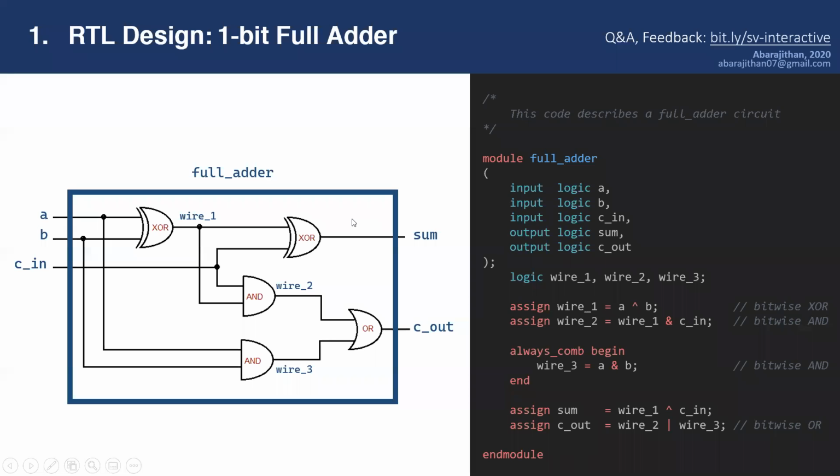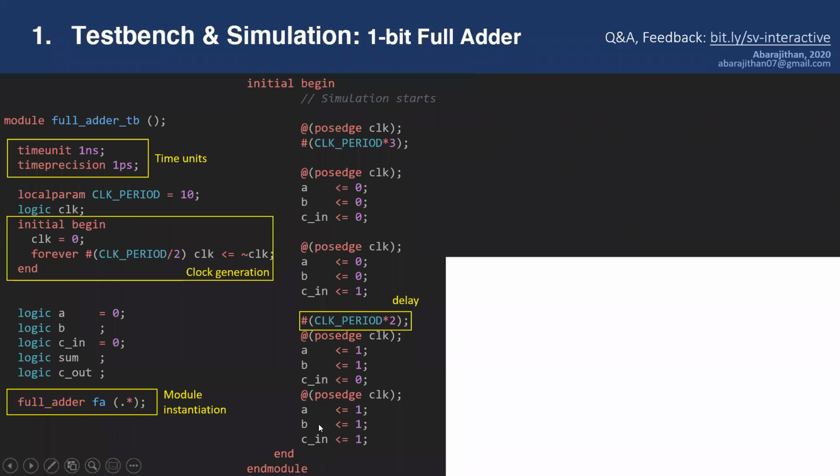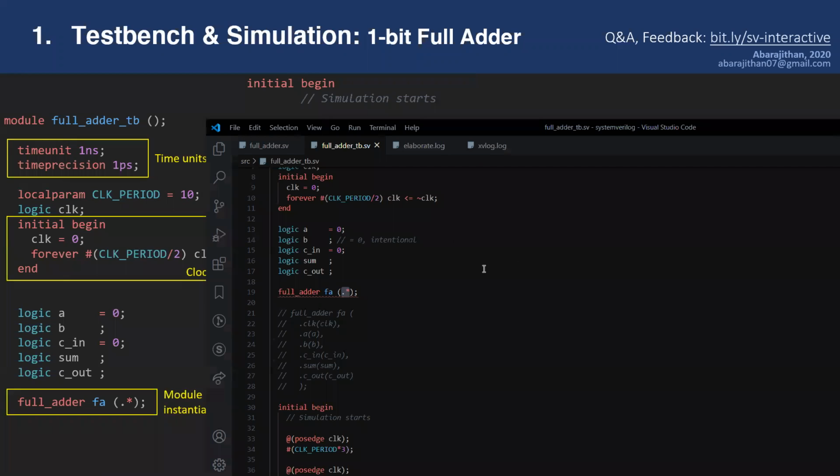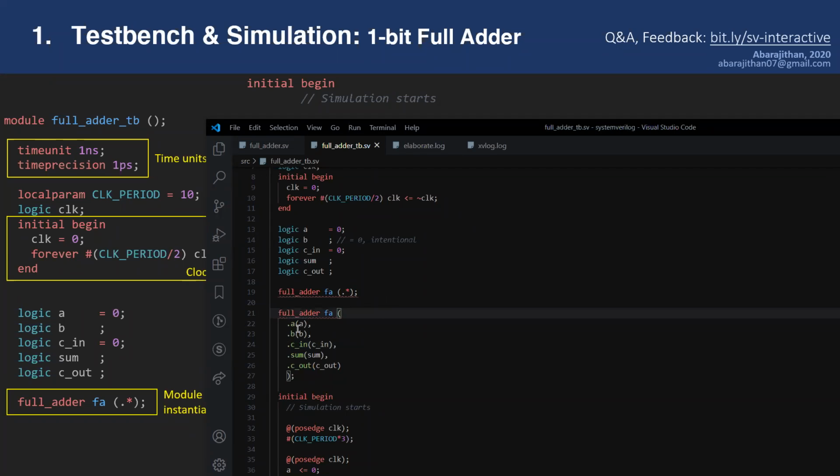So you don't need a clock for this. I think I made a small mistake when telling that. Yes, this is a mistake. There is no clock. Full adder has only A, B, C in and these things. So it doesn't have a clock.